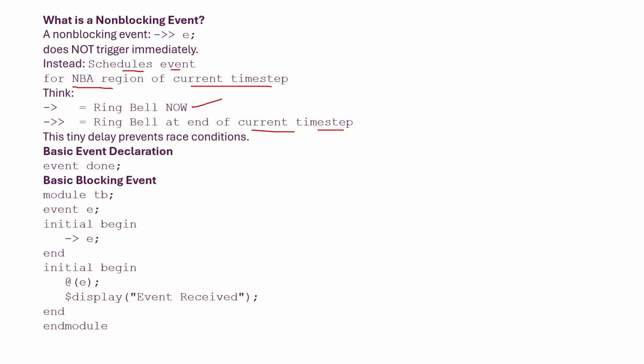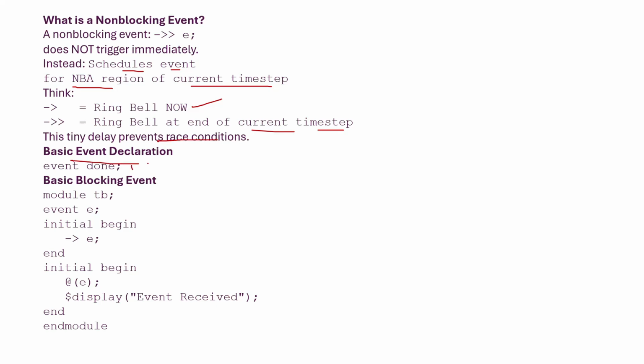Like a blink of time. If you blink your eyes, that much delay is there, and then the event will never be missed. So this tiny delay prevents the race condition.